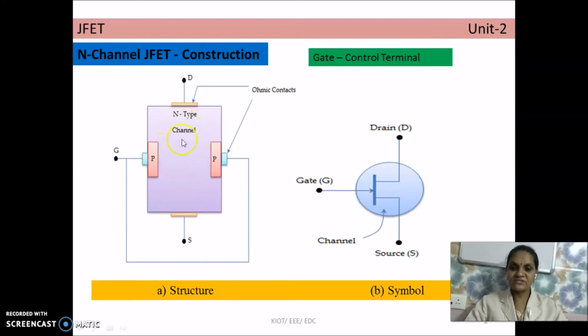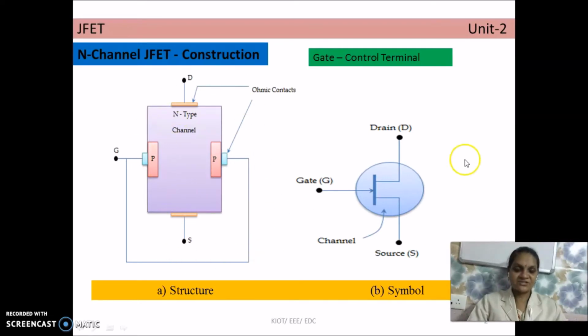So there exists a space between these two PN junctions in the N-type semiconductor material that acts as a channel. The channel is nothing but the path through which the electrons flow from the source to the drain terminal. Since the channel is formed by N-type semiconductor material, it is called an N-channel JFET.